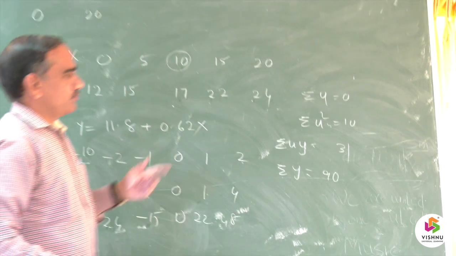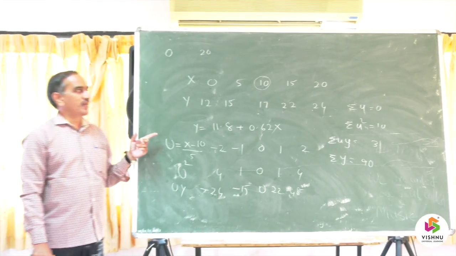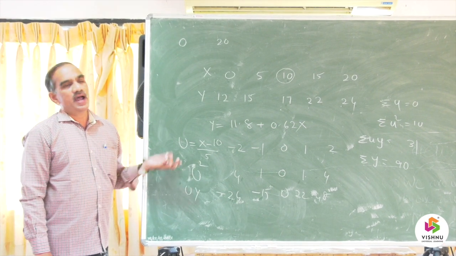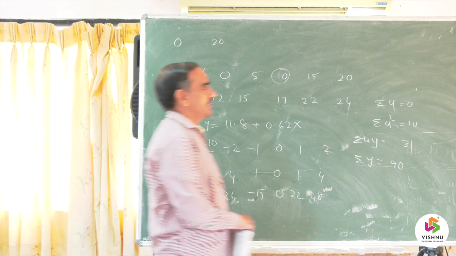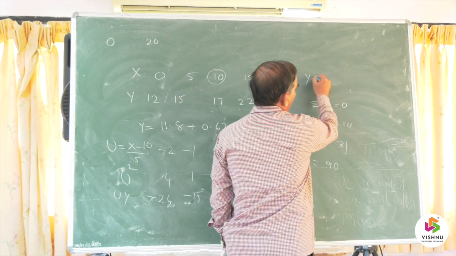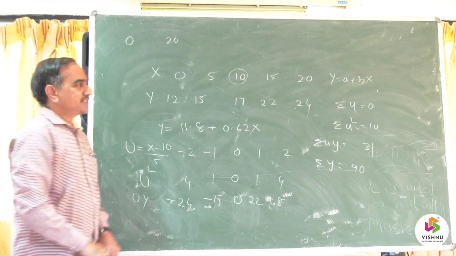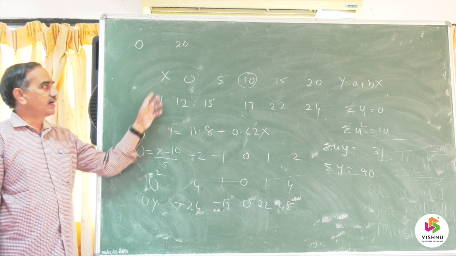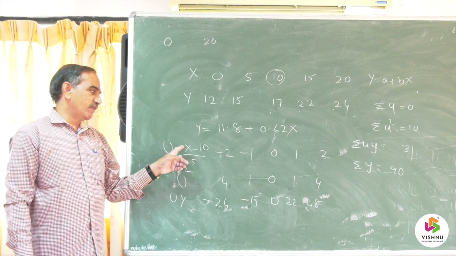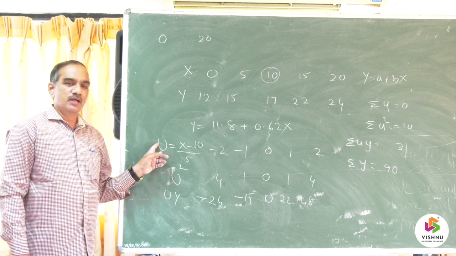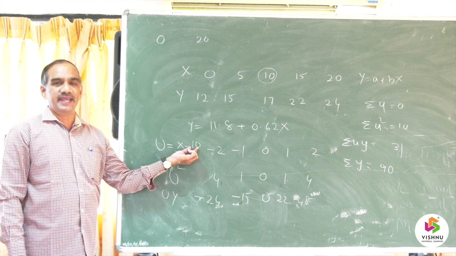By putting these four values in the two normal equations, once again we get the best values of a and b. And by putting these values in the general equation, y is equal to a plus bx, we get the best fit of straight line. Similarly, for any given x and y data, first convert x into u by subtracting some constant a.